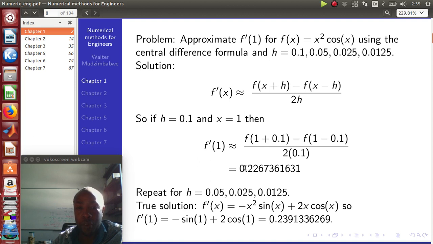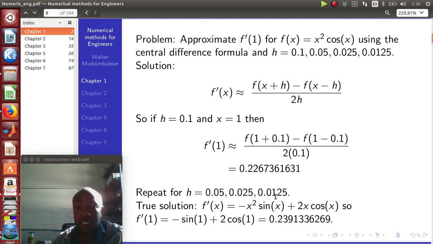Now if you compare with this and that, you see that your approximation is not that bad, right? That is because it is correct to 1 decimal place. You see, you have the 2, you have the 2, here you have the 2, now you have 3, and then everything else is different. So it's correct to 1 decimal place.